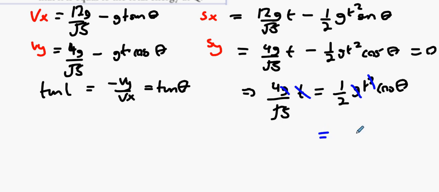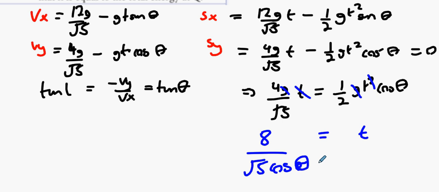And I'm going to end up with t equals 8 over root 5 cos theta. But please double check. Anybody get that far? No? Yeah, same deal. Right, good job.